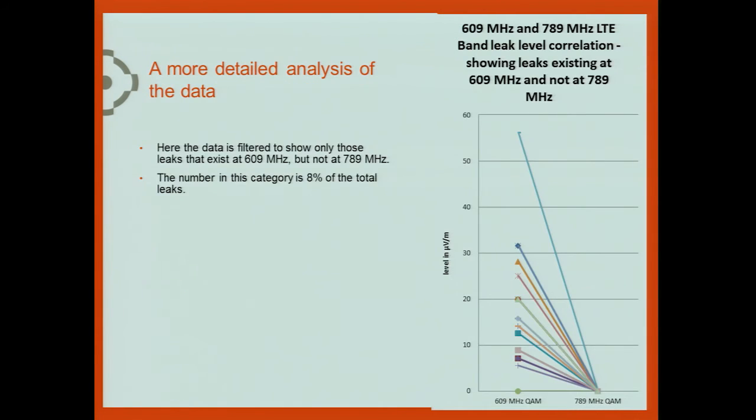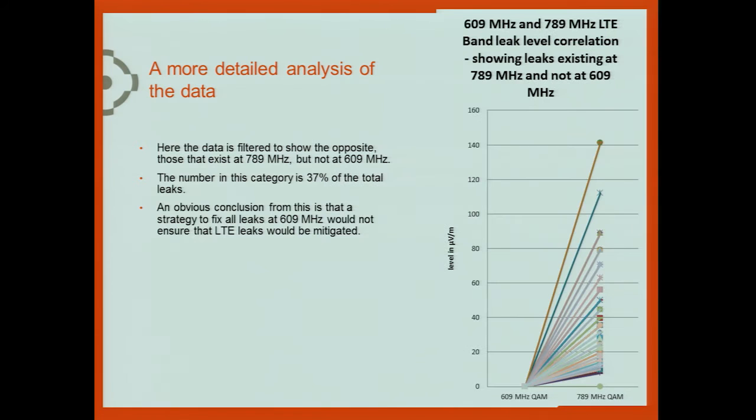So if we decided just to look at the near LTE type leaks, we would have in this particular case 8%, and if we were to look at only the high frequency side, we would have 37% of the total.